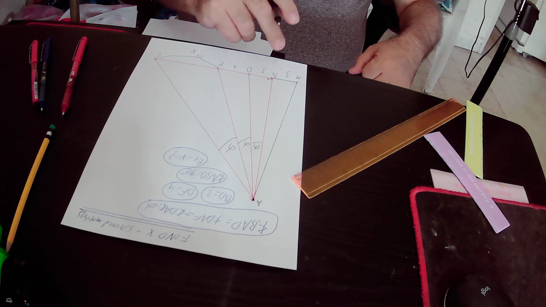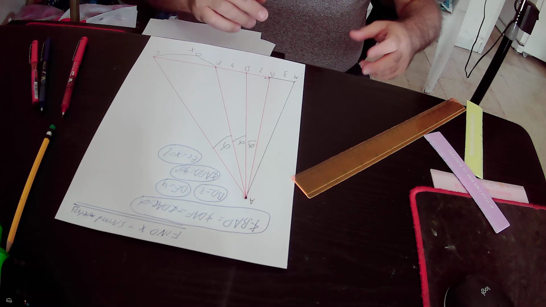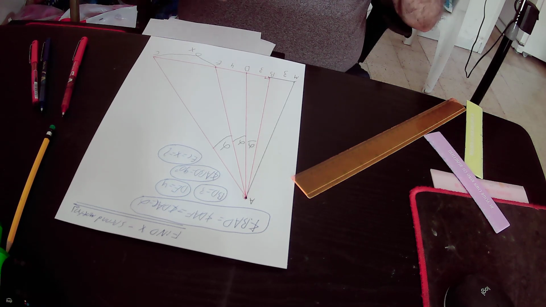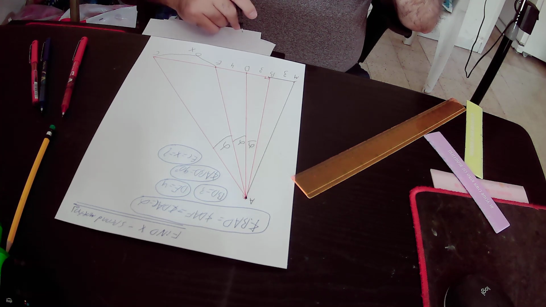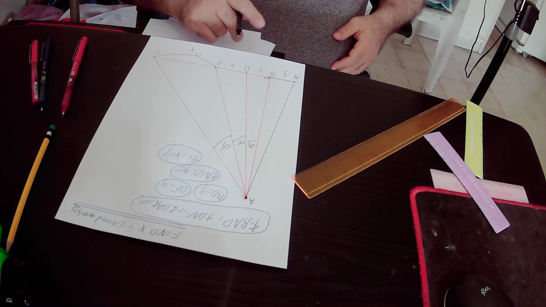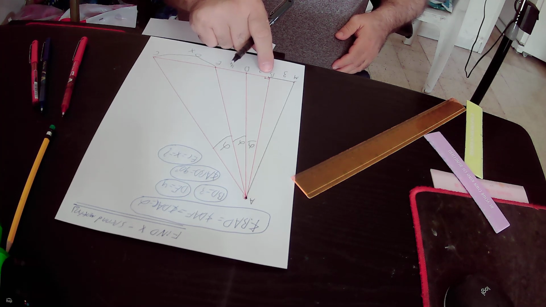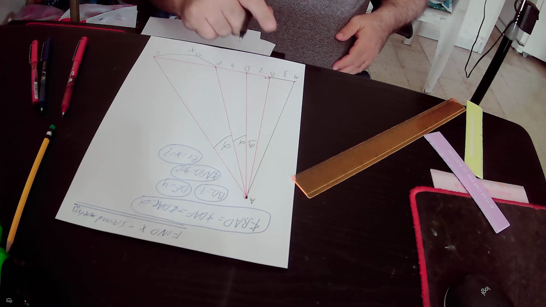And especially at point B, the sum of the angles on the straight line MD at point B must be equal to 180 degrees. So which angles do we have at point B? At point B, we have a right angle. This angle equals to 90 degrees.